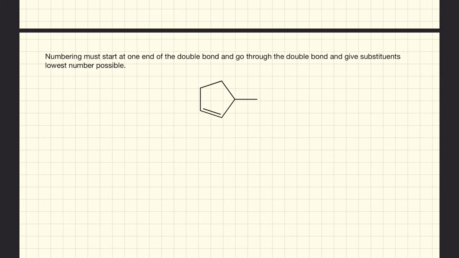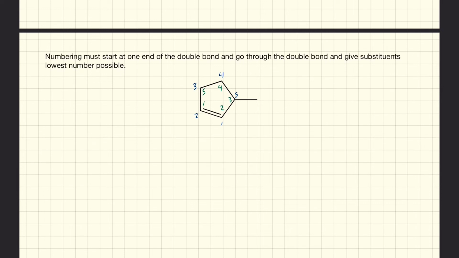So we've got two directions that it can go, 1, 2, 3, 4, 5, or the blue, 1, 2, 3, 4, 5, okay? In both of these numbering systems, we go through the double bond first, okay?